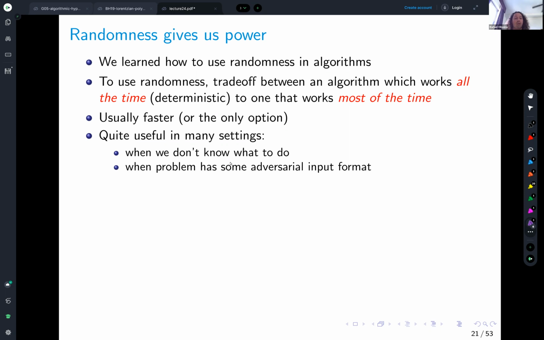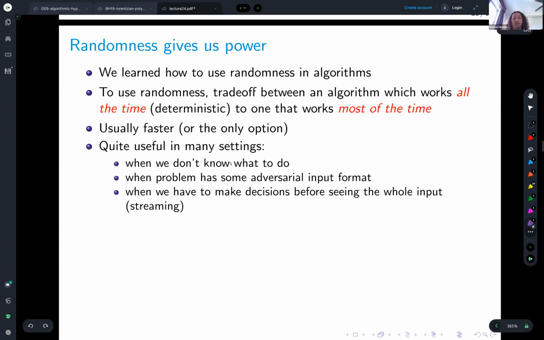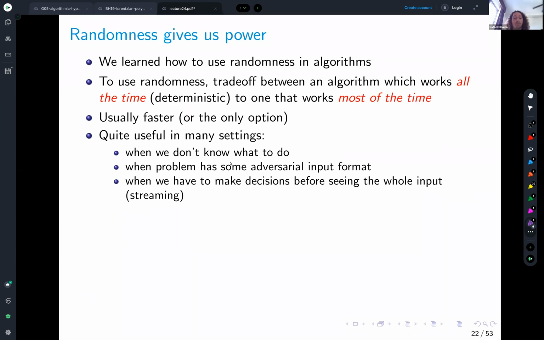So you can see that randomness is not only useful to give us faster algorithms, but also sometimes it is inherent in the setting of the problem, right? Especially in interactive proofs, randomness is really necessary. Otherwise, things are impossible. All right. And where else is randomness useful?